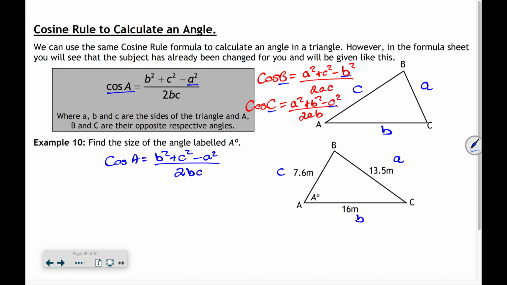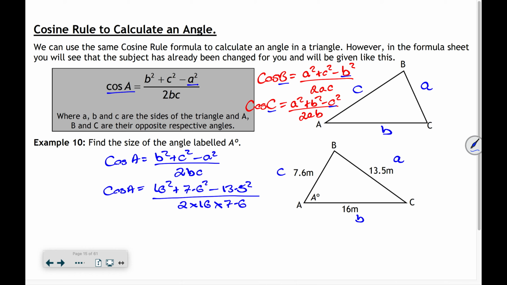And let's just put those values in as we see it. So that's going to be cos A is equal to 16 squared plus 7.6 squared minus the opposite side squared. It's always minusing the opposite side from the angle that you want. Remember that. So it's minus 13.5 squared all over 2 times 16 times 7.6.